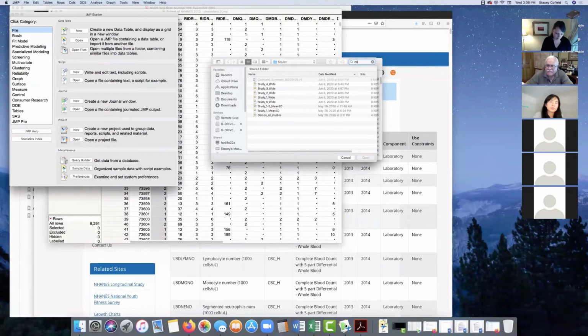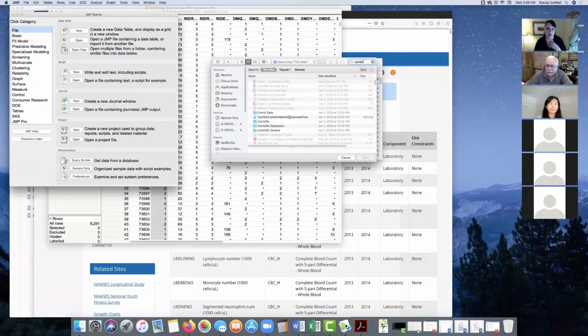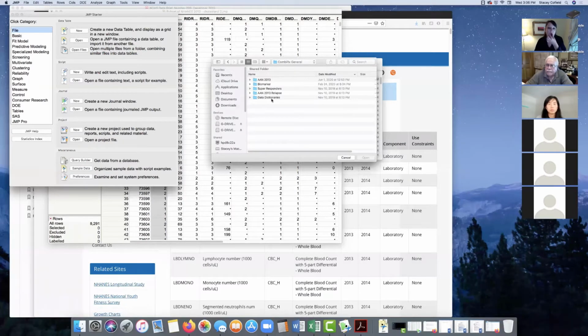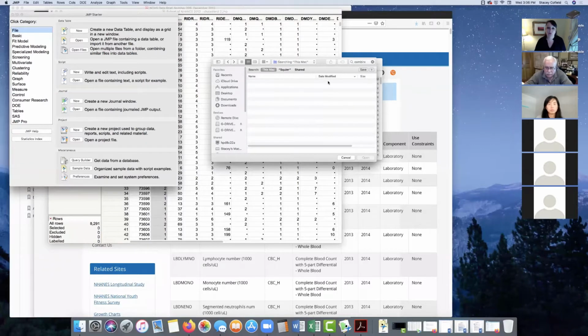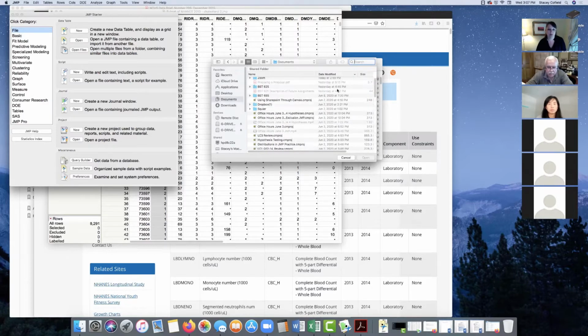Okay, let me just pull up some data here. I should have had this open before. My computer hasn't been on all day. It's having some issues. Let's see if we can find it here.